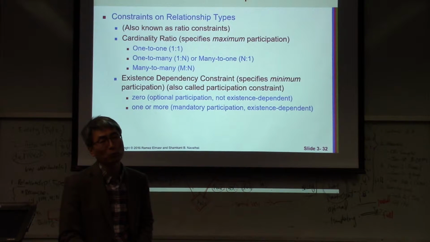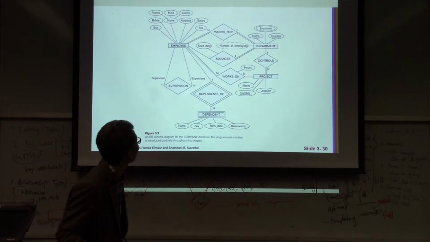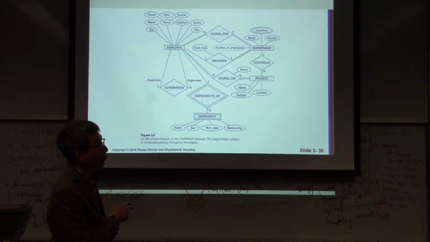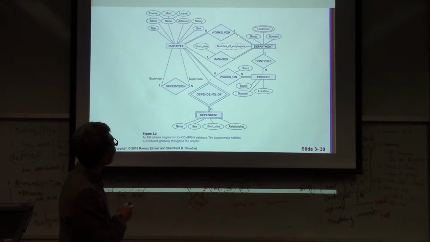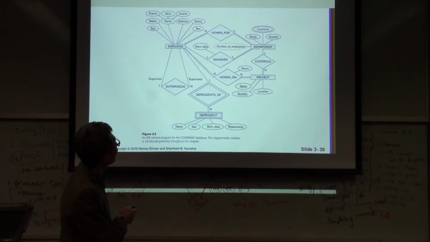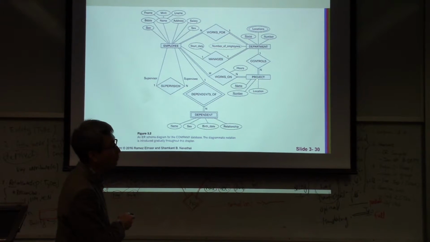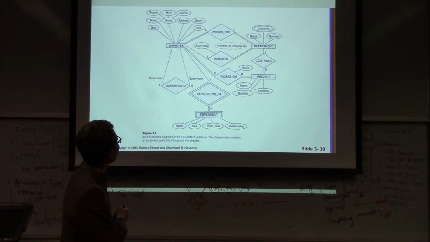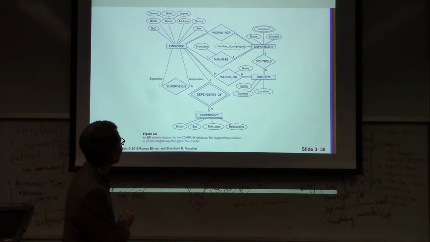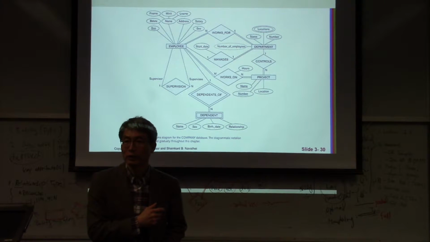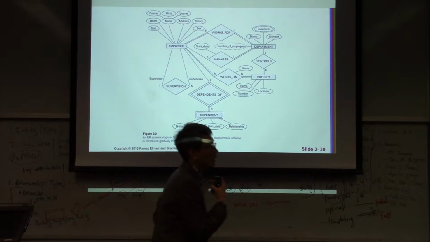Many-to-many and one-to-one are straightforward. In my case, many employees work for one department, many-to-one, or many employees work on many projects, many-to-many, and many dependents depend on the employee. If you keep that in mind, it's easy.